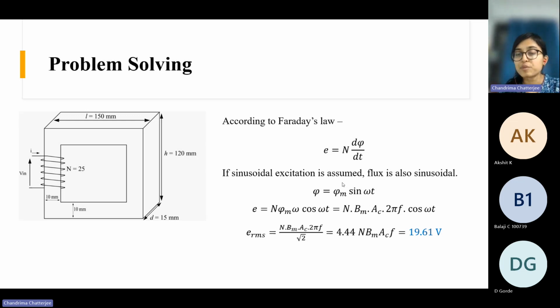But here the approximation is that we are assuming a sinusoidal excitation. Remember, for DC-DC converters, in most cases it will not be sinusoidal. It will be some square voltage or quasi-square, not a sinusoidal excitation.